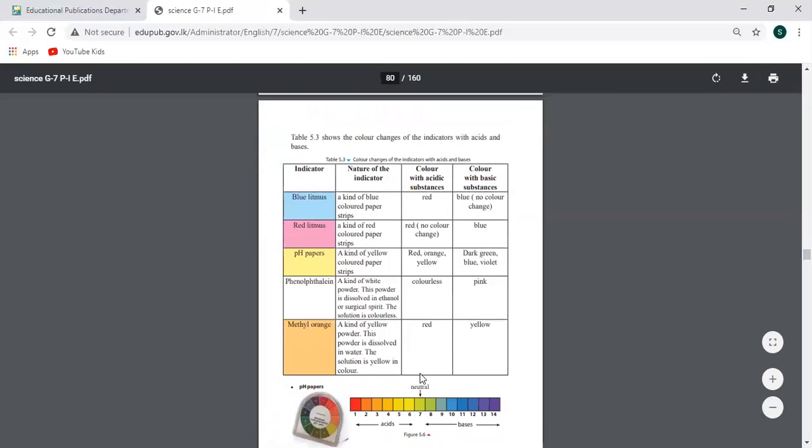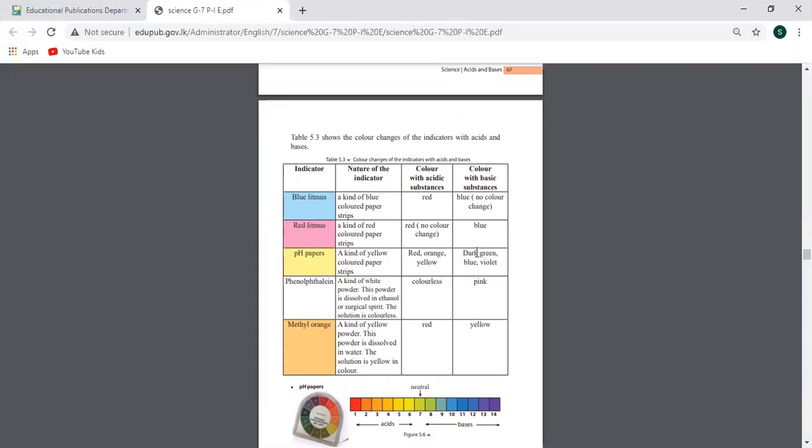So I will tell you an easy way to remember this. Acids means it's like a type to get angry.